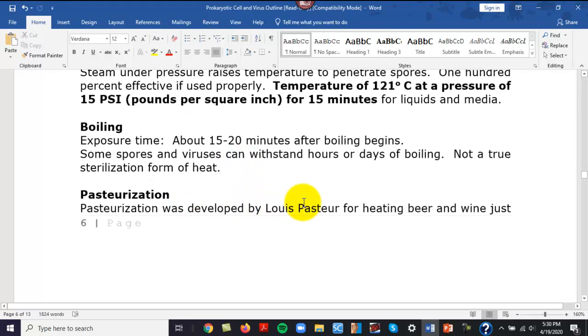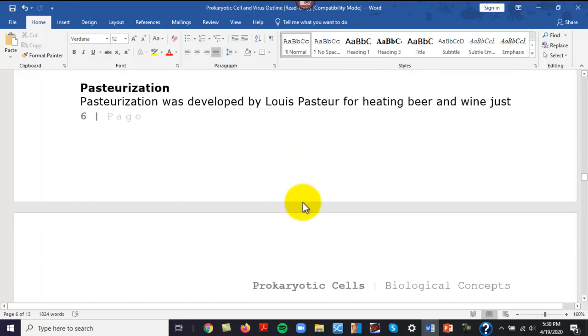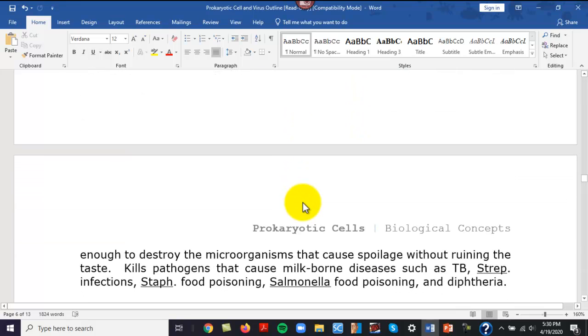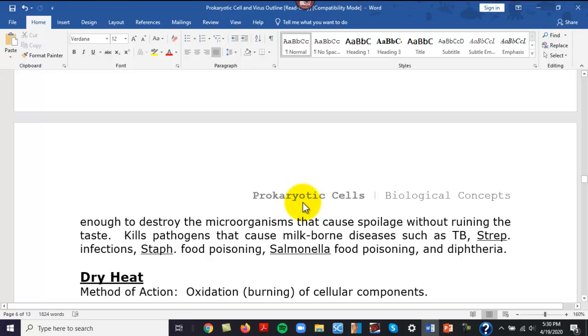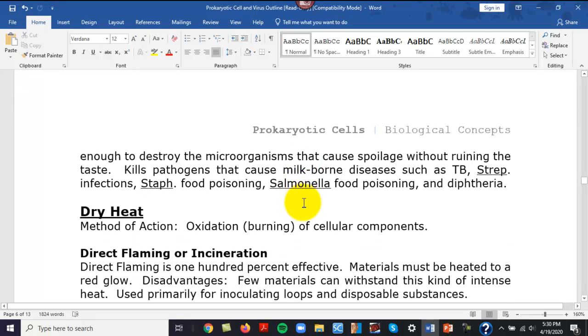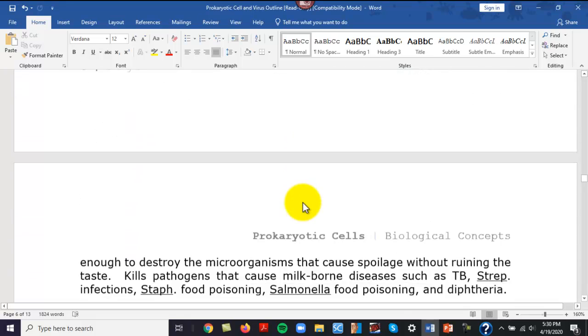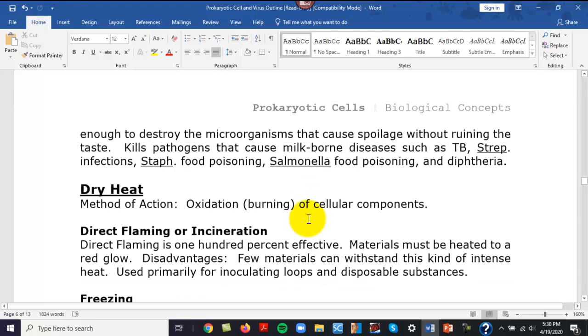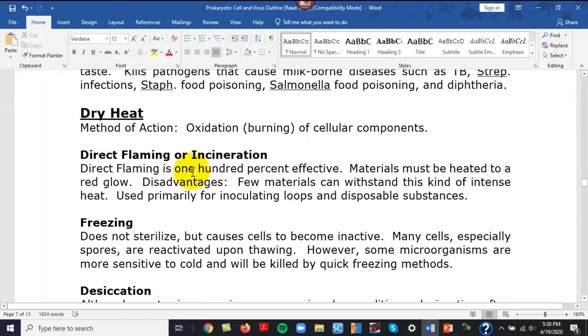Pasteurization is heating like wine, beer, milk to the point where you're killing the pathogens in the fluid, not necessarily everything. But anything that's been pasteurized will last longer, doesn't spoil as fast. Dry heat, incineration, very few things can handle that, but that's definitely a sterilizing thing.